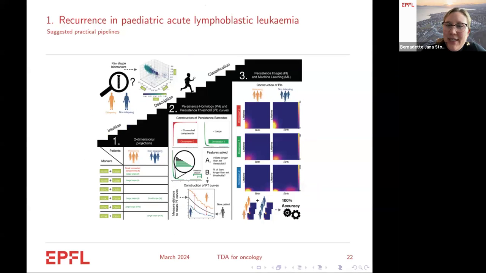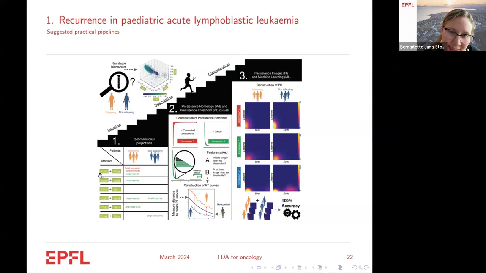So based on this, we came up with 3 different pipelines, depending on the level of sophistication that one would like to use in practice. The first one was just based on these 2D projections and extracting from the barcodes the most important distinguishing features between relapsing and non-relapsing patients.